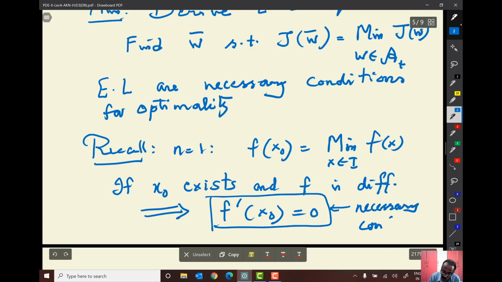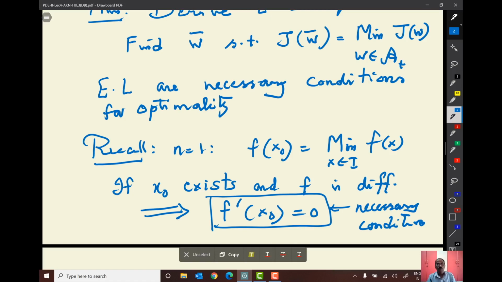Now what we are doing is a minimization problem not on finite dimensional domains. We are doing a minimization problem in an infinite dimensional setup. Then you have to understand the differentiability of J. There are modern concepts of differentiability, such as Fréchet derivatives and total derivatives in the infinite dimensional setup.